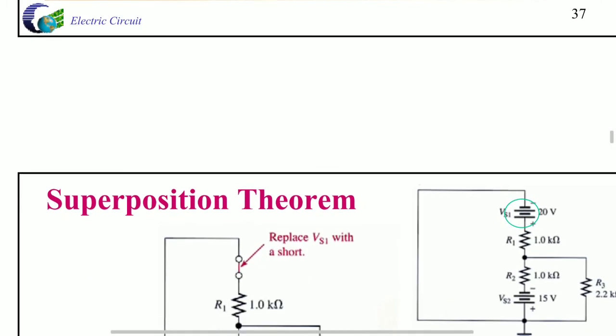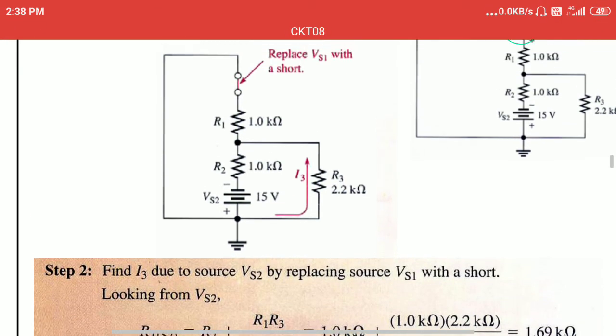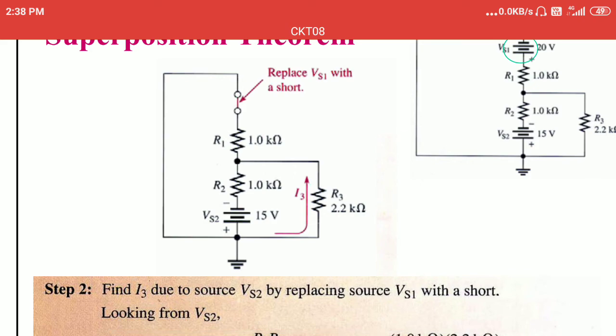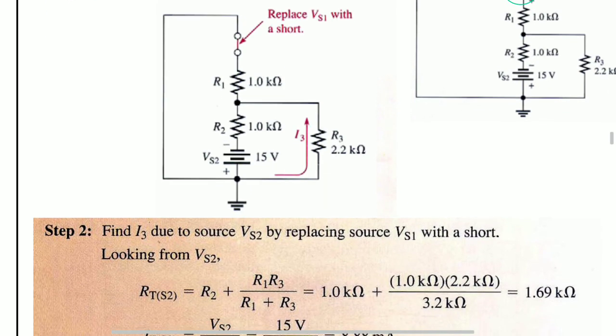Now go for case 2. In case 2, source 1 is replaced with a short, and we find I3 due to source VS2, looking from VS2. So now the resultant resistance RT of S2: R1 and R3 are in parallel, so R1 R3 by R1 plus R3, in series with R2, which gives 1.69.